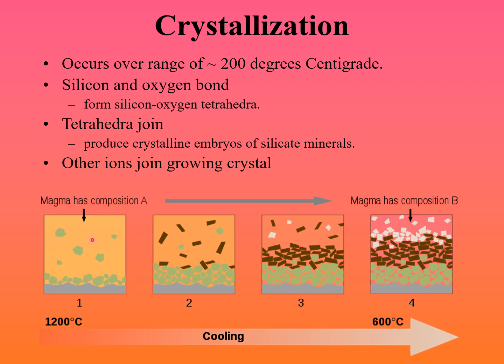And that stuff crystallizes first and sinks to the bottom and uses up a large supply of those elements in the formation of these early minerals. And so there's less of that material in the magma as it continues to cool.